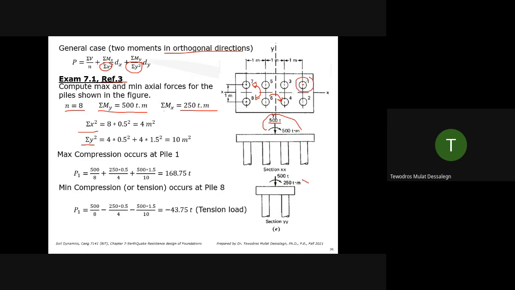So which pile would be subject to the maximum tension in this case? So you have a compression, a moment like this about y, and a moment like this about x. So this area is severely under compression, right? Especially pile 1. So which pile will have the maximum tension?